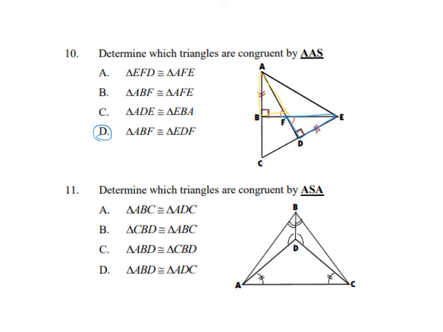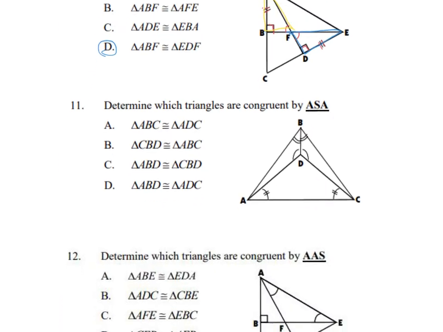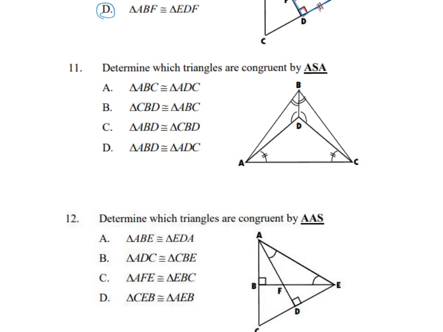And so if we look at number 11, we are looking at which triangles are congruent by angle, side, angle.